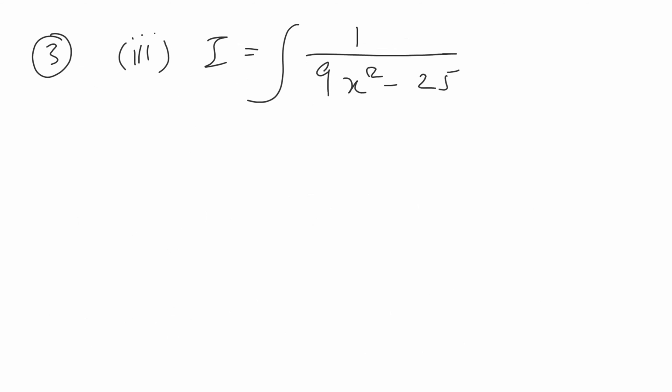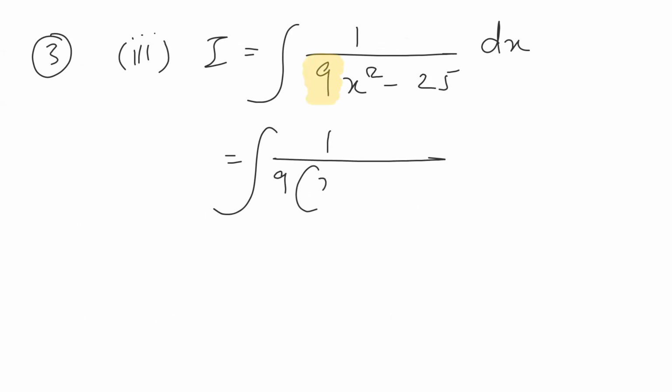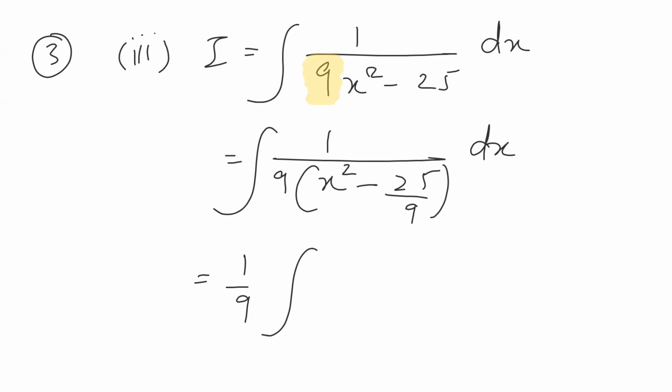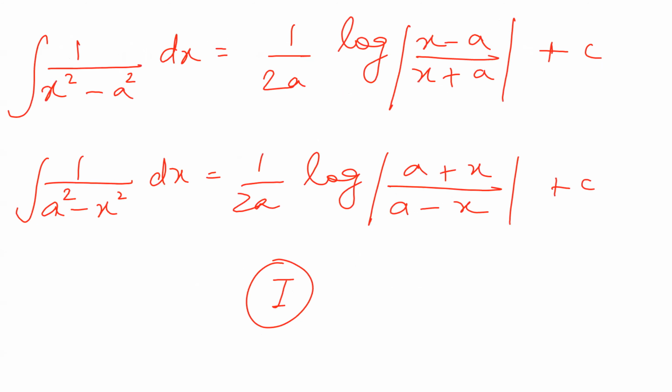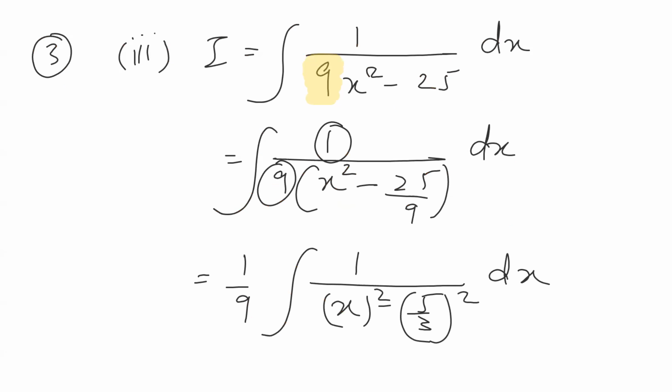So unnecessarily don't apply root formula. First step is whatever is besides x square, just eliminate it. So this will be 9 into x square minus 25 by 9. So 1 upon 9 outside being a constant, and then 1 upon x square minus 5 by 3 the whole square. Then you have to apply formula number 1, where x is x, and a is 5 by 3, right?